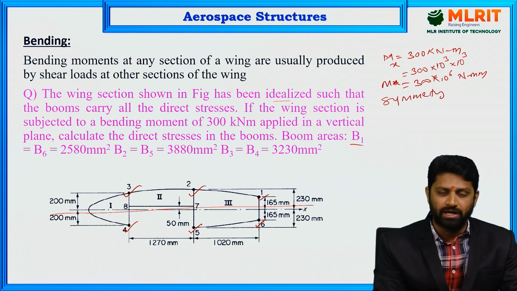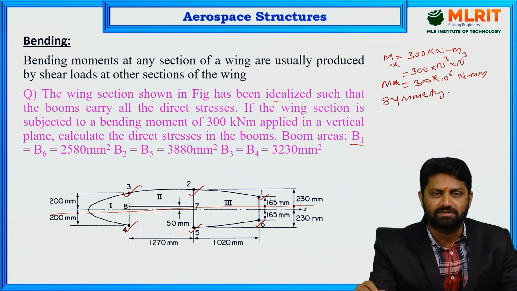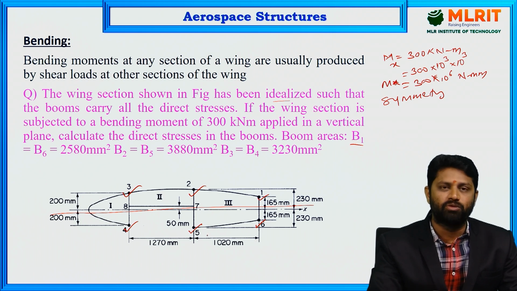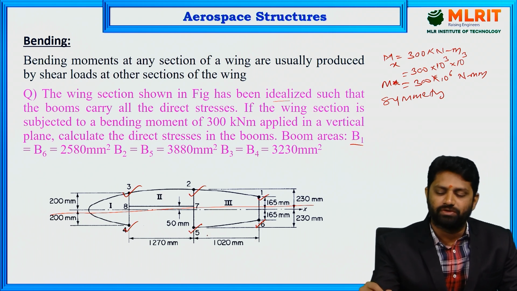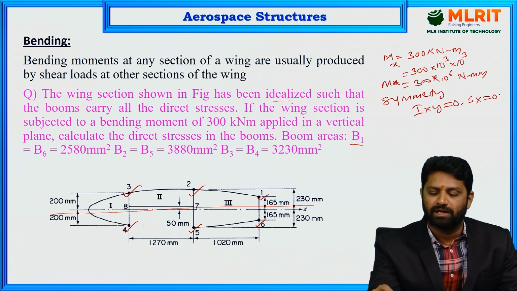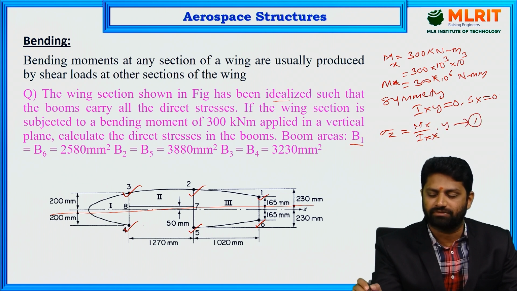Therefore, it is reasonable to assume that this wing section is symmetrical about the horizontal axis, based on the distribution of the boom areas. So you can consider Ixy equal to 0, that is the product of inertia, and the horizontal shear load is not given, so our formula for direct stress distribution reduces to Mx by Ixx into y.